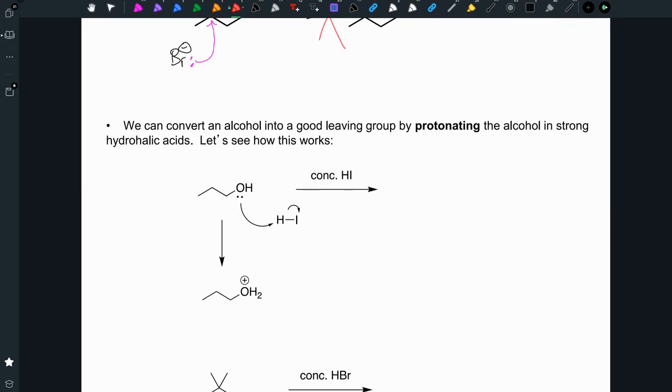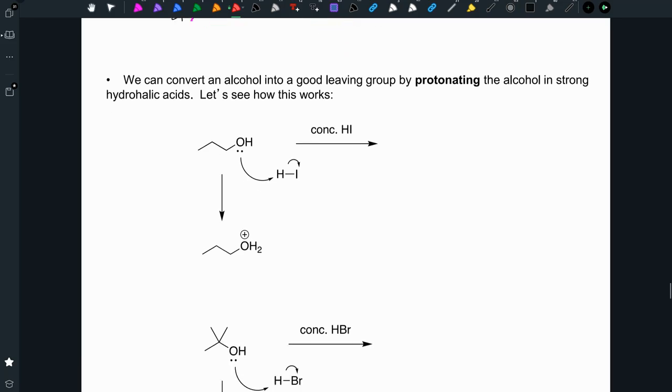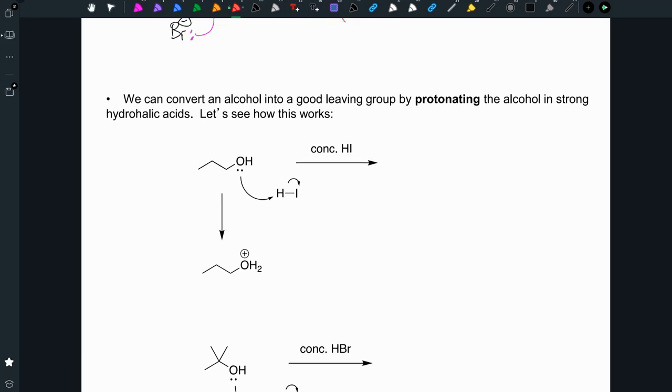So if I have an alcohol and I add an acid like hydroiodic acid, HI, or hydrobromic acid, or hydrochloric acid, those are all strong acids, and those can protonate the alcohol. And we said once we protonate, that alcohol becomes a much better leaving group. All right.